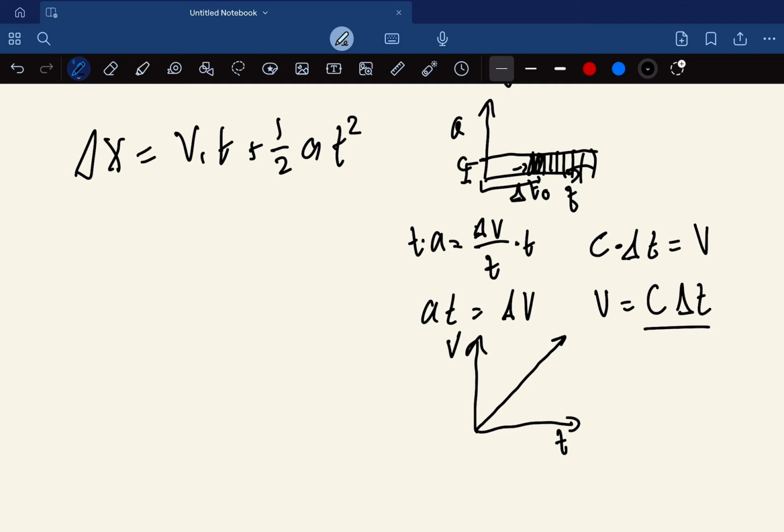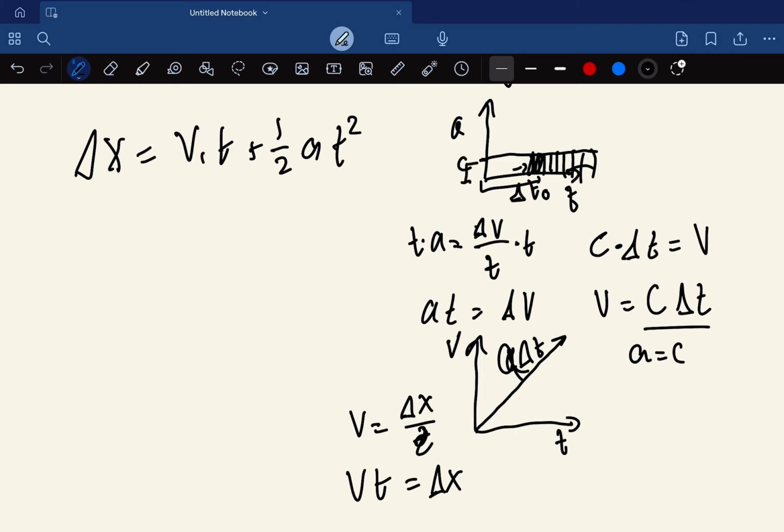Now this straight line is equal to c times delta t, where c is the acceleration. So I will actually just rewrite this as a equals c, and then this is just equal to a times delta t. Now, since we have v equals delta x over t, we can see that v times t equals delta x.